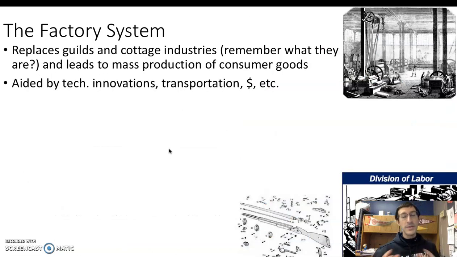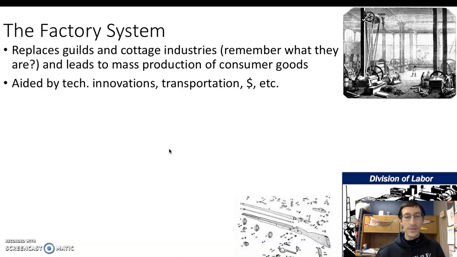Okay, so some of the changes that come out of this, as we now get what we call the factory system. If we think back to what had been in place beforehand, in Europe we initially had the guild system. Think about that as a beginning of a trade union system where people are working in an industry, prepping as an apprentice for a number of years, and then they go off and form their craft, whether that is with clothes or blacksmithing.